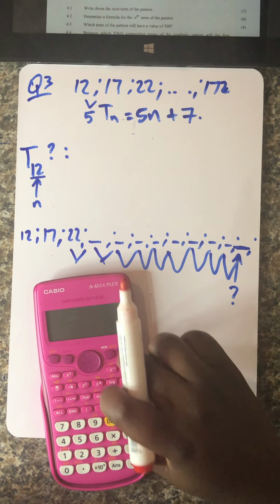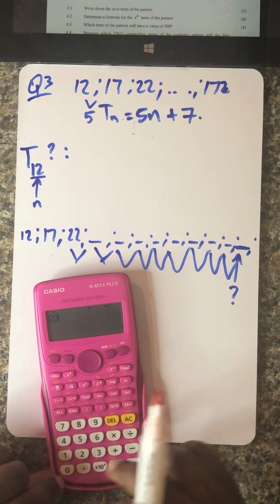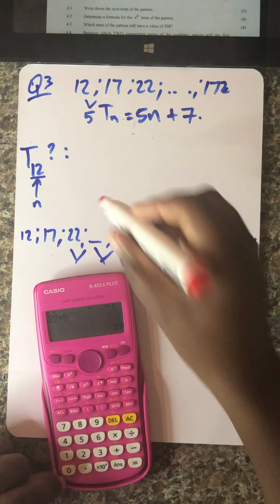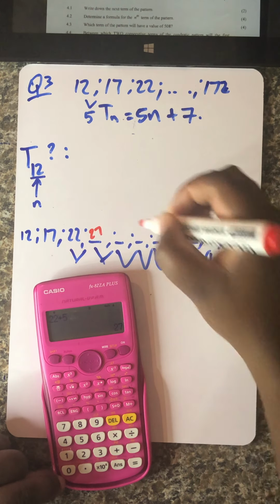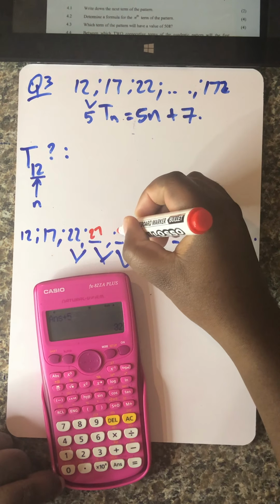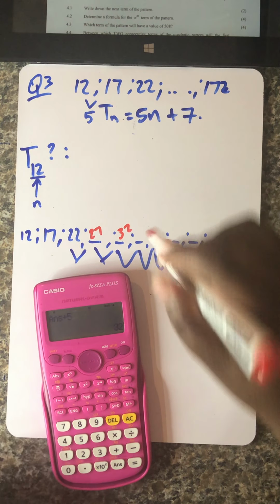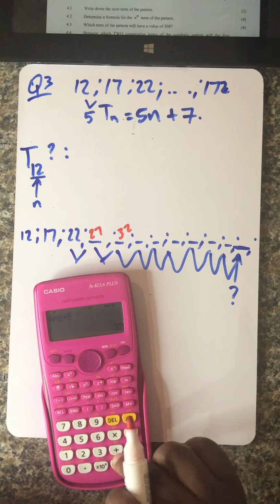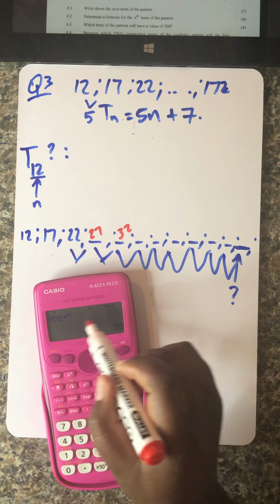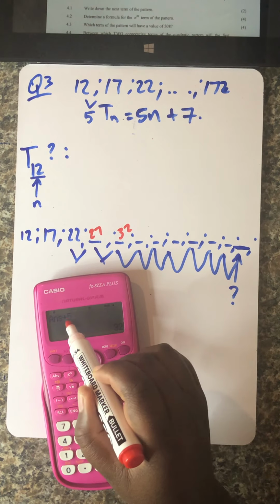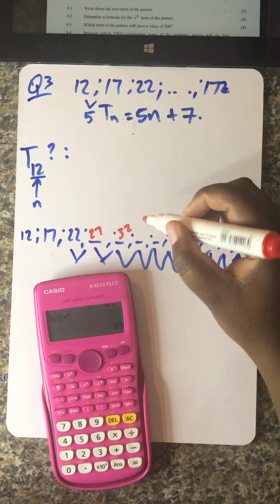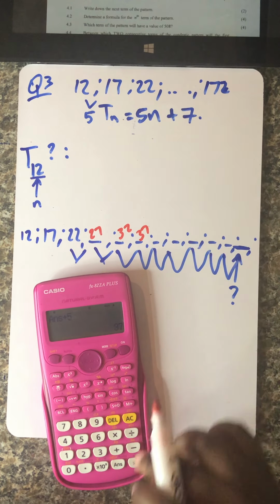So guys, let's see. We've got 22, you just plus 5, okay? Plus 5, we get 27. Plus 5, you get 32. Now you no longer need to add 5, add 5, add 5. Just press equals, because on the calculator it's answer plus 5, which is 32. If you press equals, it's added by 5, it's 37.